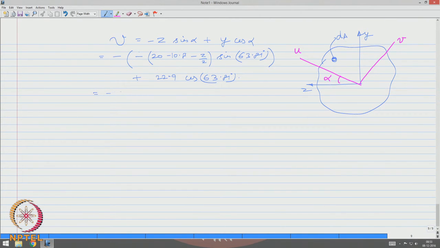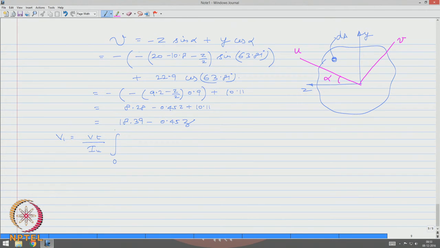So, substituting minus 9.2 minus z by 2.9 plus 10.11, which gives me 8.28 minus 0.45 z plus 10.11, which will tell me 18.39 minus 0.45 z.